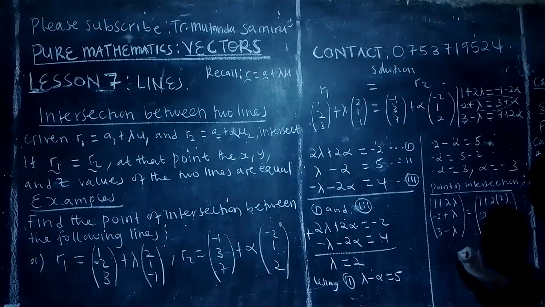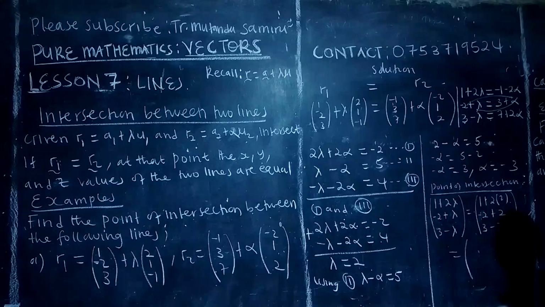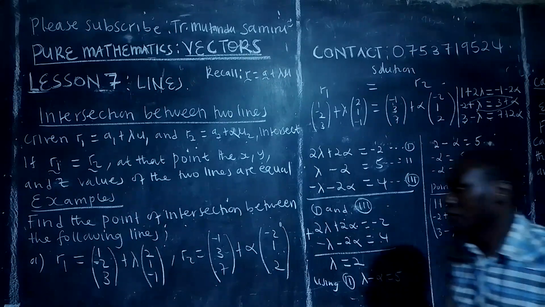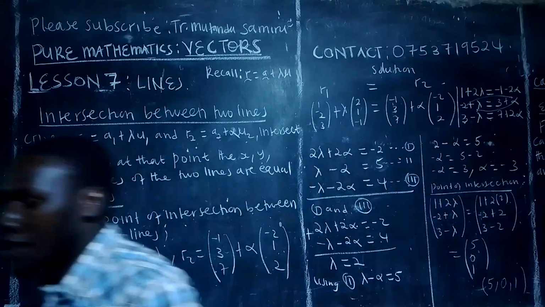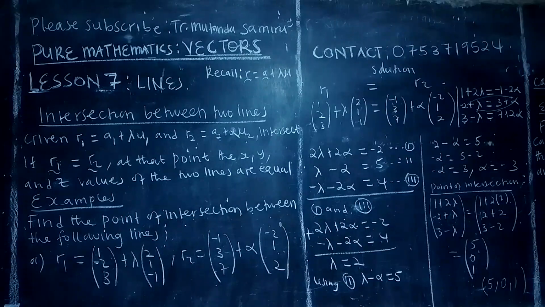Okay. What will be the point of intersection? Up there I'm seeing a 5. Here I'm seeing a 0. Here I'm seeing a 1. So the point of intersection is (5, 0, 1). That is our point of intersection. All right. As simple as that.